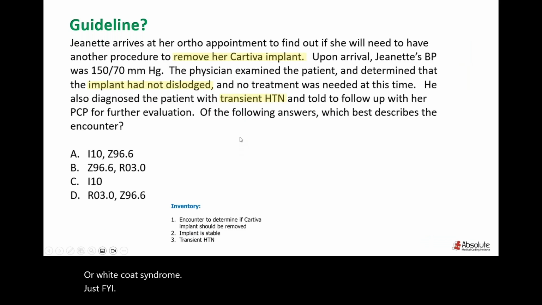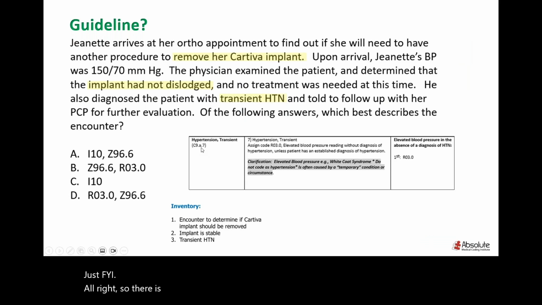All right. So there is a guideline, C9A7. When a patient has transient hypertension, you're going to code R03.0, right?